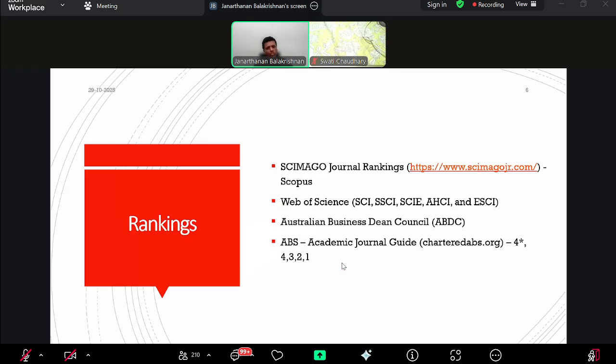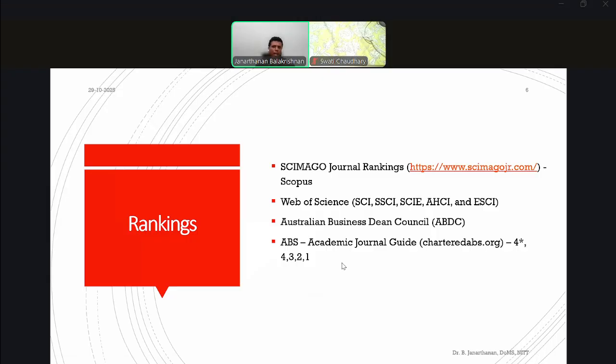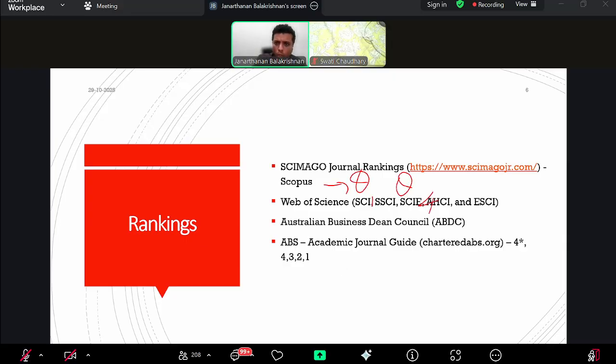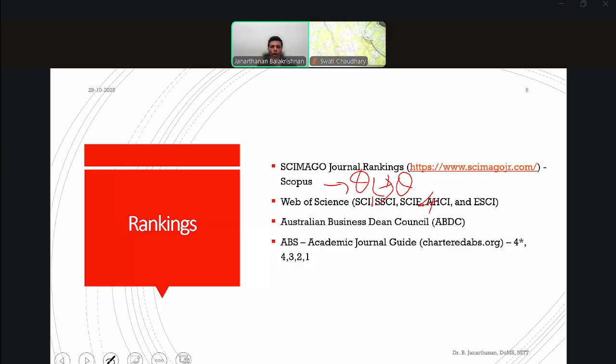That is very good. So some of the rankings that you can think of is SCImago. SCImago has a ranking from Q1 to Q4, quartile 1 to quartile 4. Quartile 1 represents the quality journals based on their impact factor and SCImago rankings, and based on the longitudinal pattern they calculate it down to Q4.